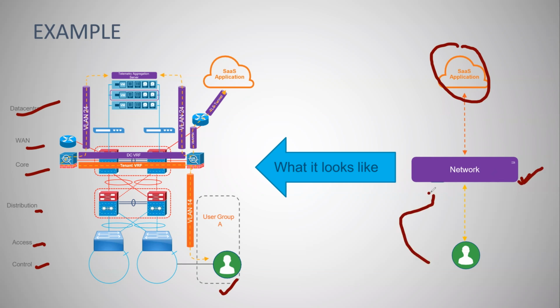The user will think they have a server somewhere in the DC with some application, and they want this application. That's the end goal. Why would a user think about their traffic going via the firewall and so on before reaching the server from where they get the response?